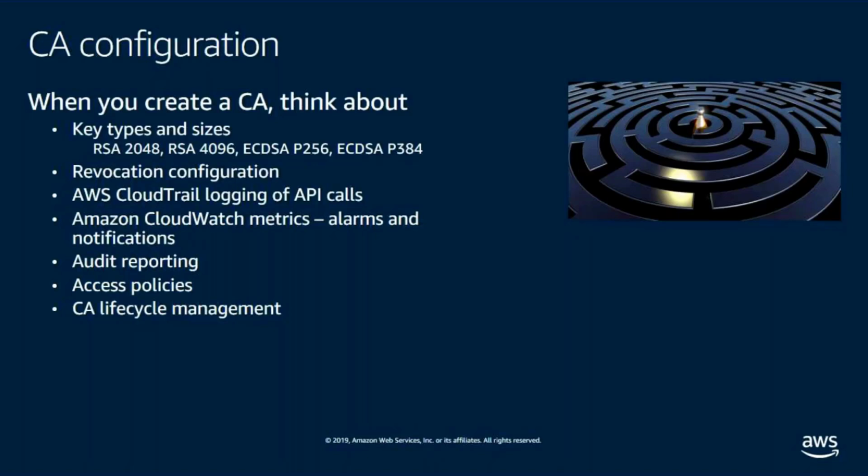Will you create a new CA and issue new certificates from there and phase out the old one, or import a new certificate and continue to use that CA with a new certificate, a new lifetime? General recommendation and best practice is to create a new CA, as Ram talked about, having a next generation G1 and then go to G2, but you have that choice with ACM Private CA.